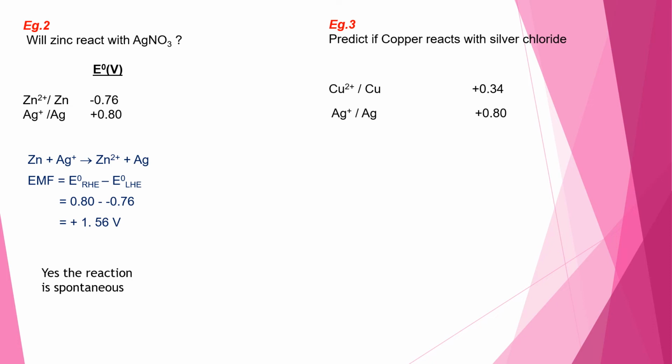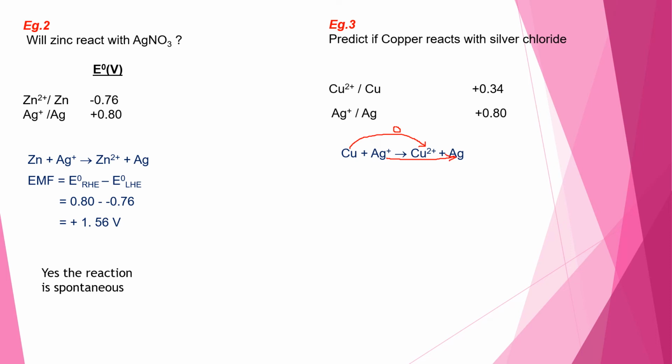Let's look at another example. Here we want to find out if copper reacts with silver chloride. So we have copper plus silver ion that's in silver chloride. Is this reaction possible or not? In this reaction, copper is getting oxidized while silver ion is getting reduced.